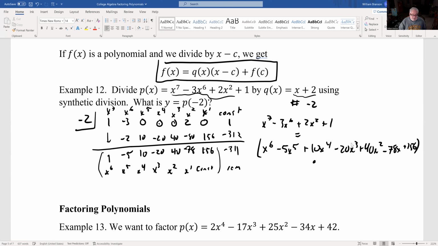And all that is times my x plus 2. And then we have minus 311 because that's a remainder.